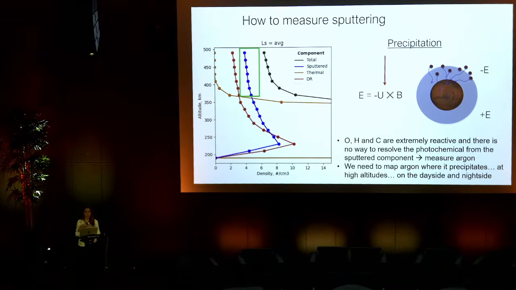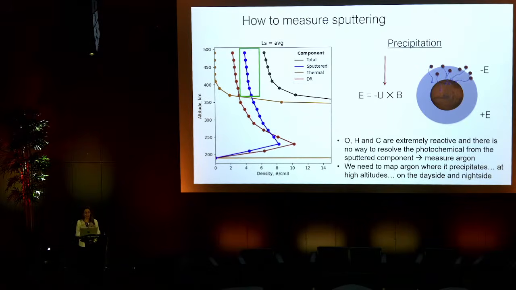I will not belabor why that's observationally hard to do at that altitude, but it is. So the first challenge was, first it's argon. Second, it's got to be at high altitudes. And then third, the model simulations, these are from François Leblanc and Ronan Modolo. When we did this EGM exospheric simulation, we found that sputtering is most visible on the night side.